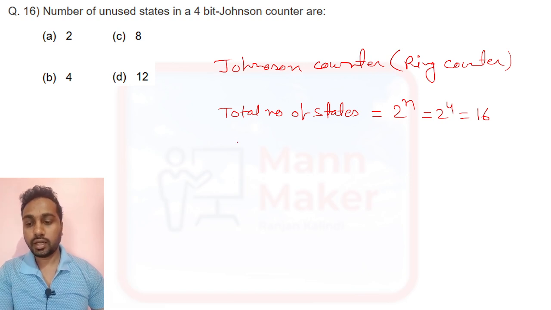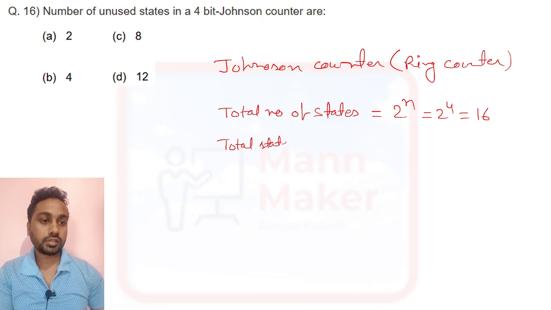16. And if you see the total states of a Johnson counter, that will be 2 into n. That is 2 into 4, which is 8.